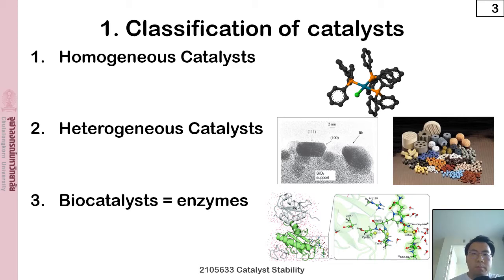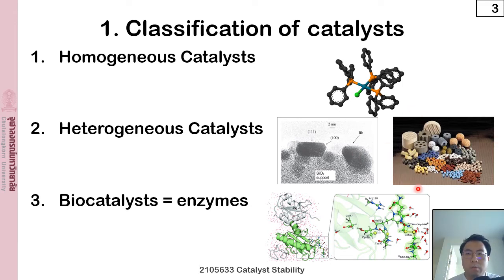So the first picture here is the microscopic level of the rhodium metals supported on the silica support. As a heterogeneous catalyst, it is in the solid phase, while the reactant can be in gas phase or liquid phase depending on the reactions.